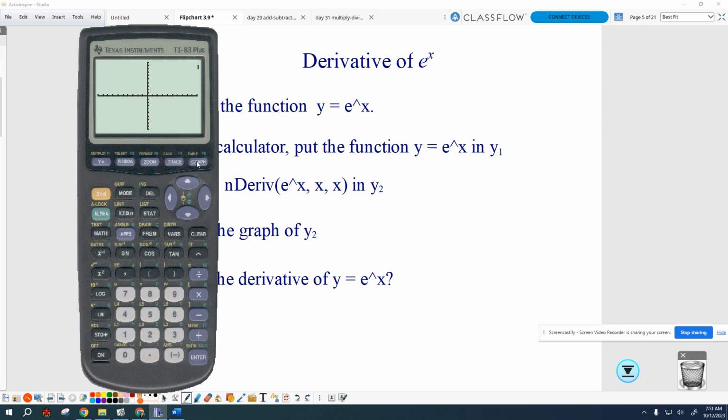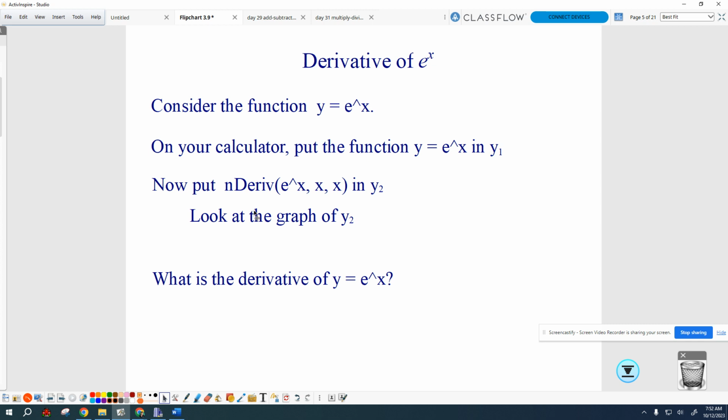So here comes the skinny line, and now here comes the fat line. It looks like they're right on top of each other. But to be really sure, I'm going to check the table. Second table, every single number is exactly the same. So, cool.